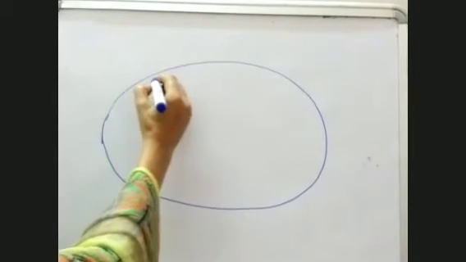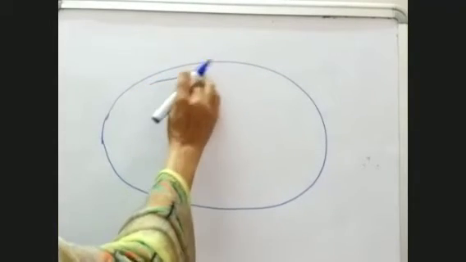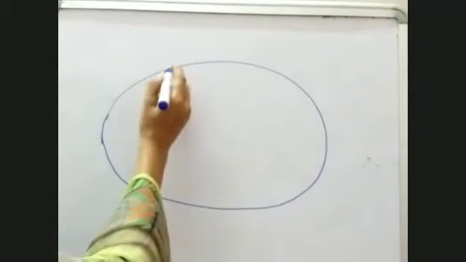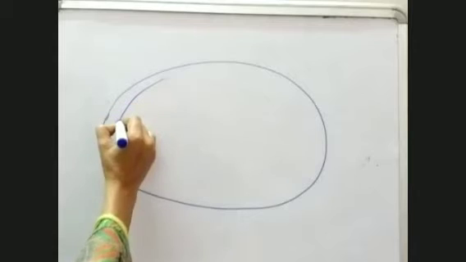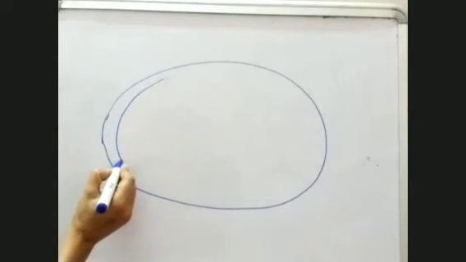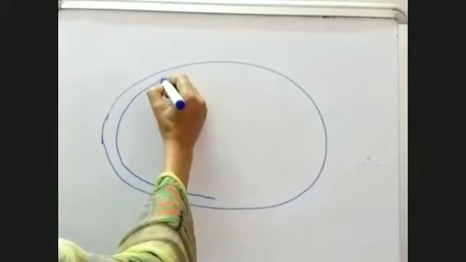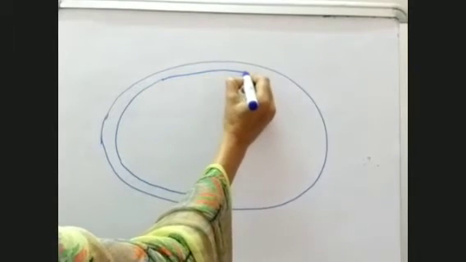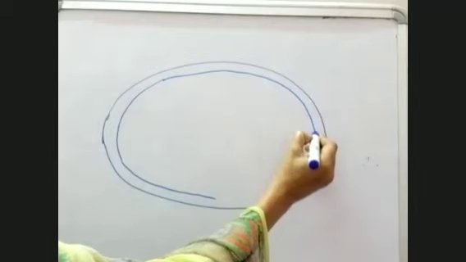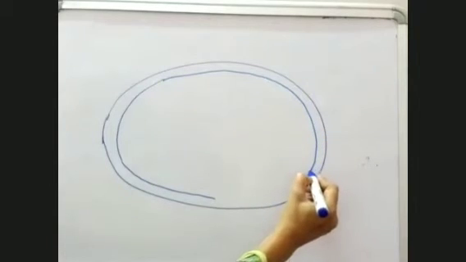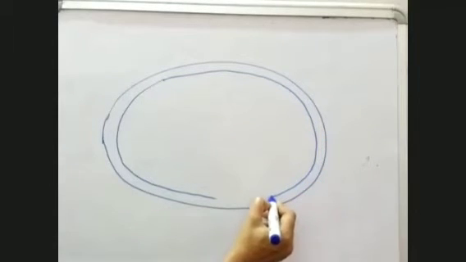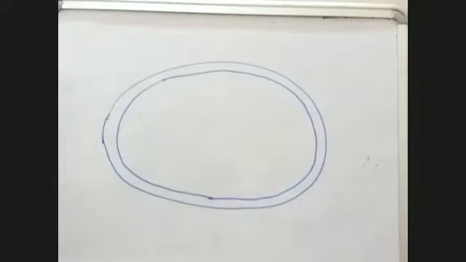This is a thylakoid, the inner membrane and the outer membrane. This is a thylakoid which has the inner membrane and outer membrane.